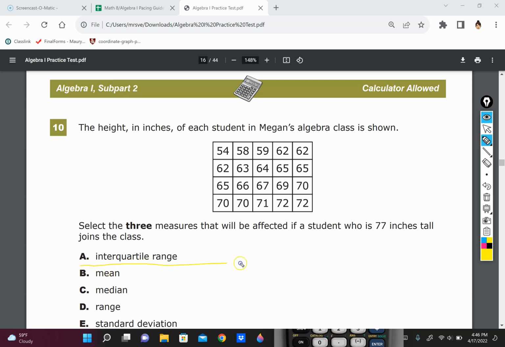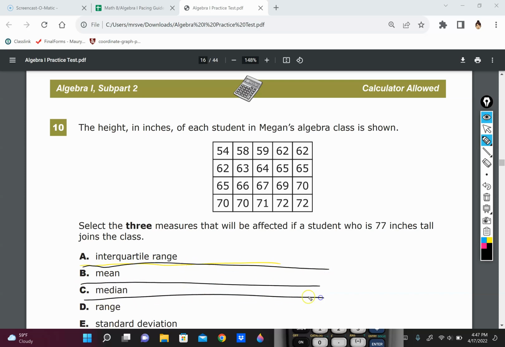I'm just going to set up a table here and basically set up 2 categories: one where you don't have the 77 added in, and then we'll add in 77 and see the difference.